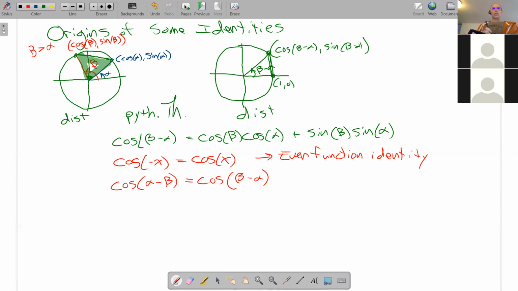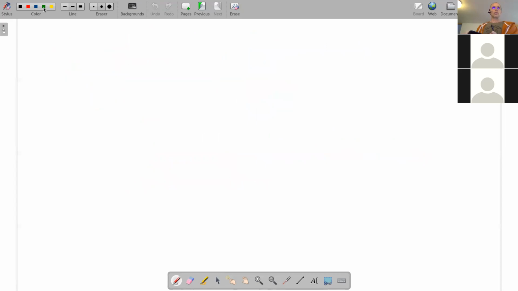All right, let's see, I want to justify one more identity and then we'll just start using these. If I take a look at the cosine angle sum and the cosine angle difference formula together.